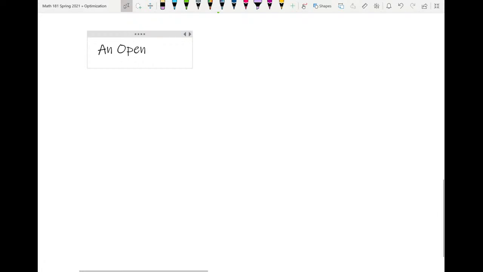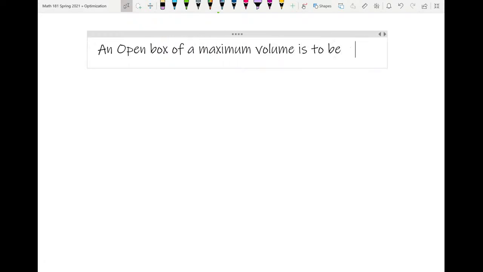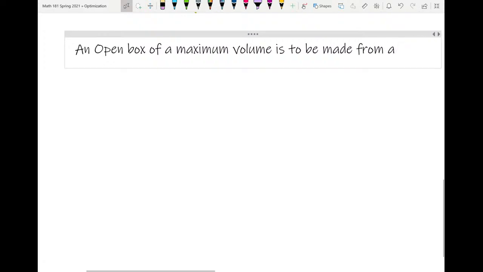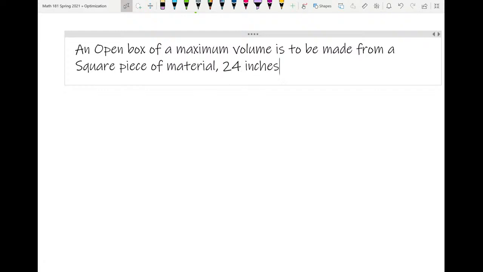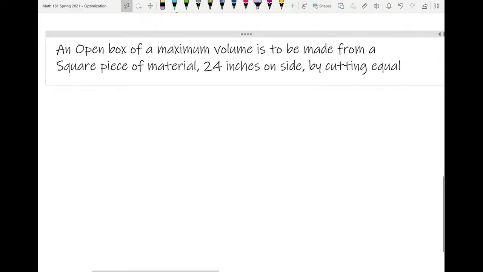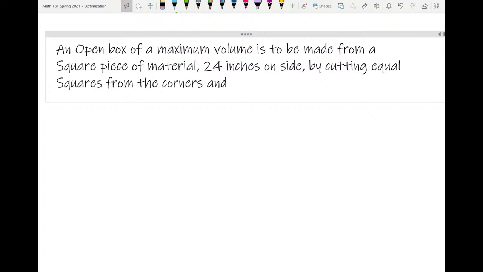An open box, a box without any top on it, of maximum volume is to be made from a square piece of material 24 inches on a side by cutting equal squares from the corners and turning up the sides.